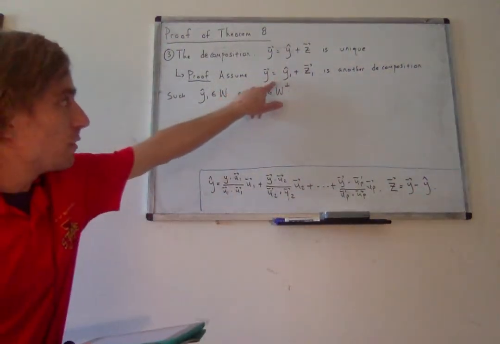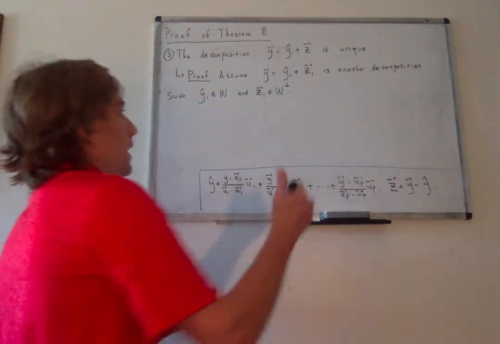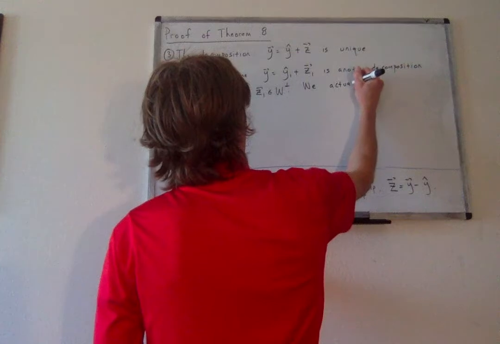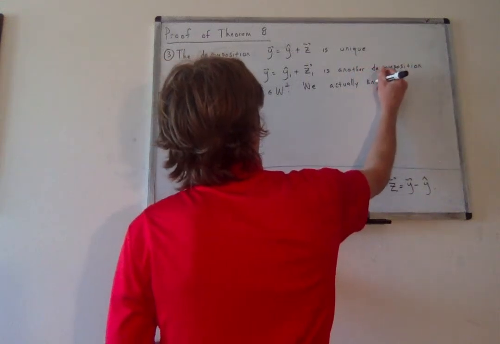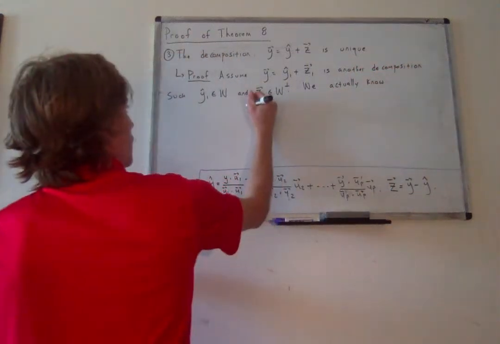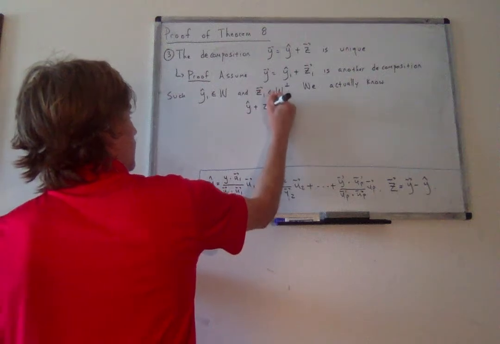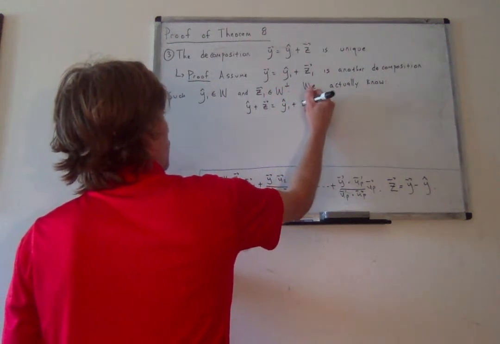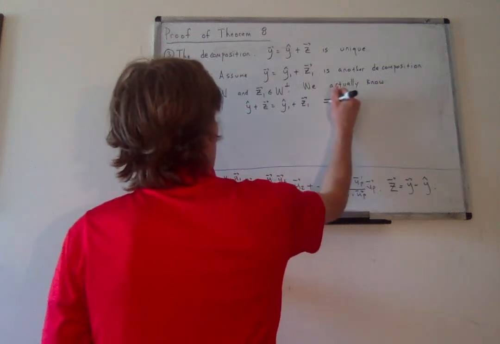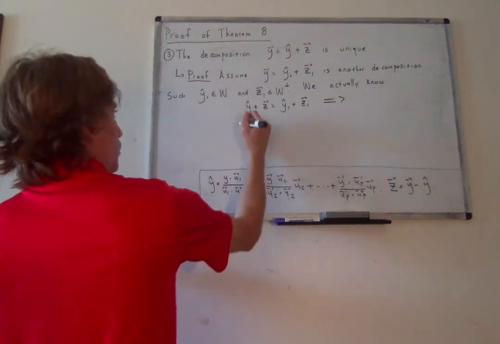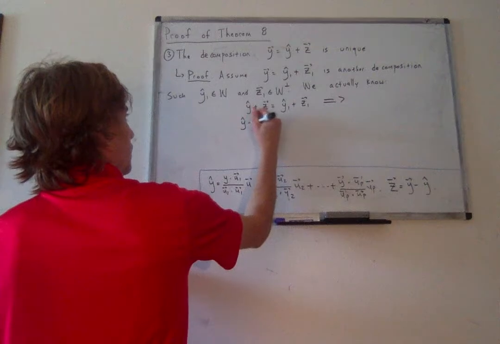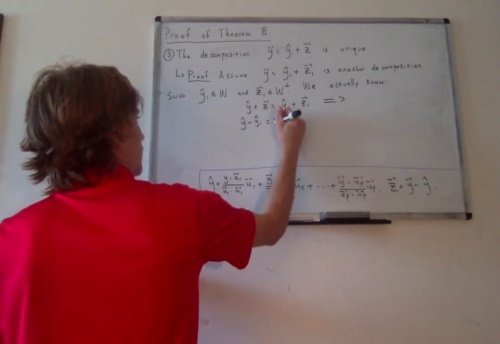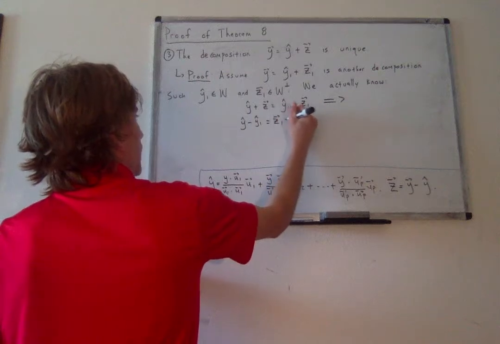So, since each of these expressions is equal to y, we actually know that y hat plus z is equal to y1 hat plus z1. Well, this implies, if I do some subtraction, that y hat minus y1 hat is equal to z1 minus z.